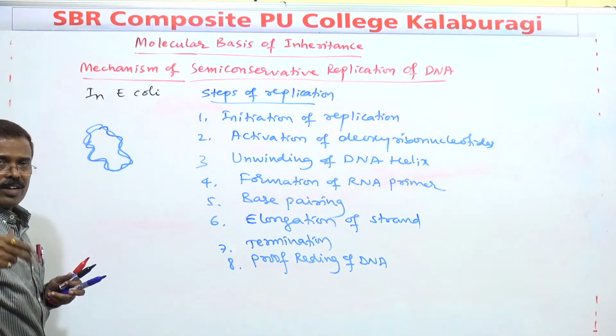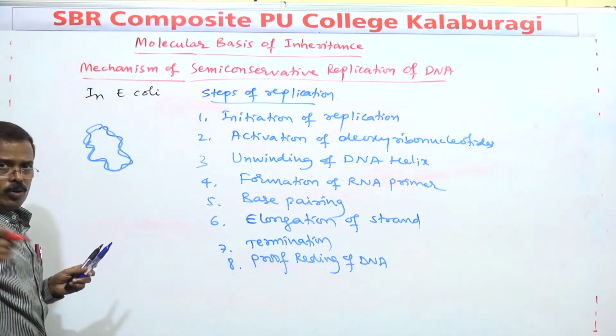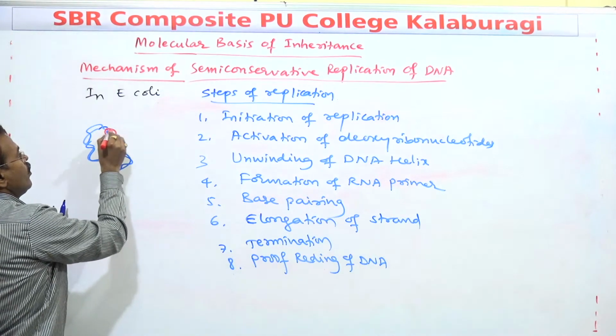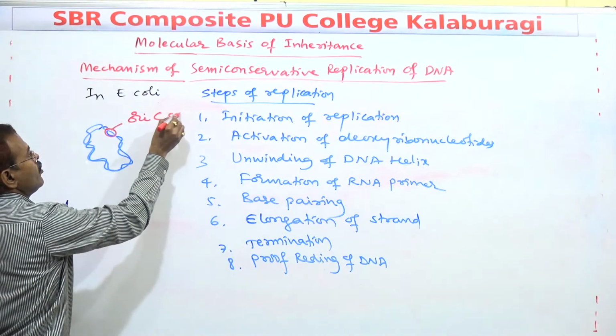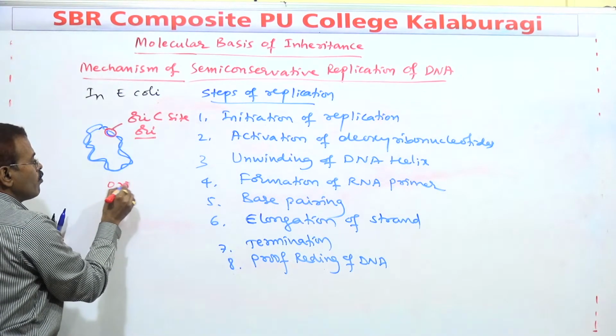Where exactly should the DNA replication begin? To provide the specificity, where is the site here? That site is called the ori C site, or simply, you can call it the ori, origin of replication.